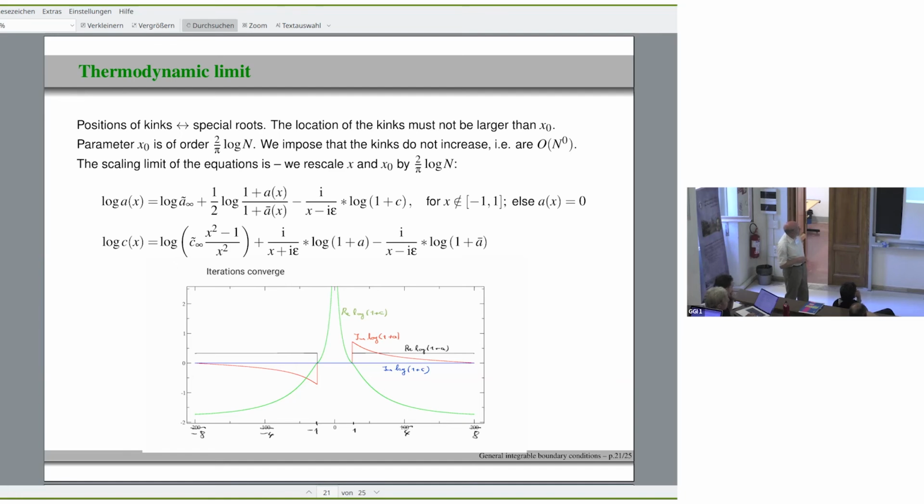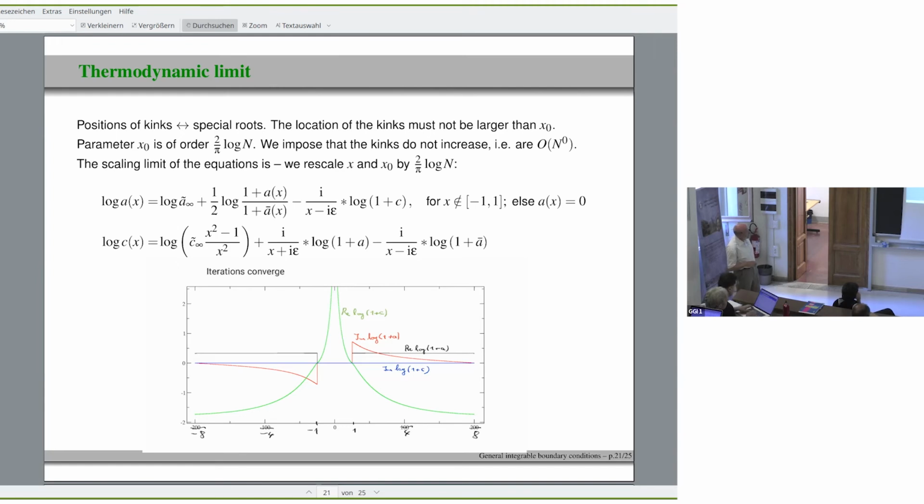The parameter x0 grows like 2 over pi times log n. Then we put everything into these equations, take a suitable limit, rescaling the argument and this x0 by log n.